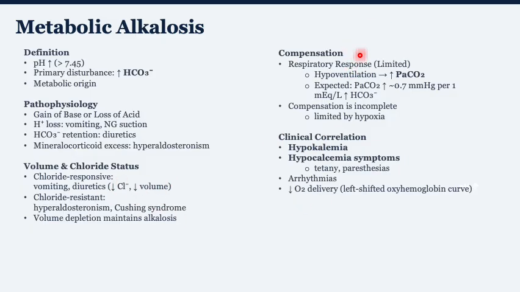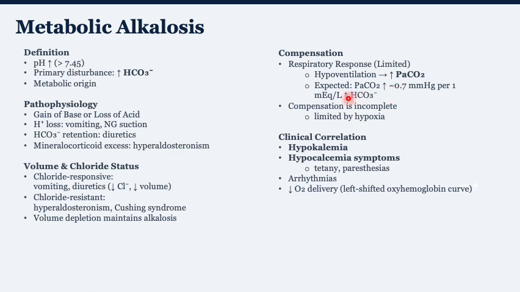Compensation, again, is respiratory. So what happens is the opposite of metabolic acidosis. With this one, if the pH is elevated, you will hypoventilate, so decrease your respirations in order to build up the partial pressure of carbon dioxide.